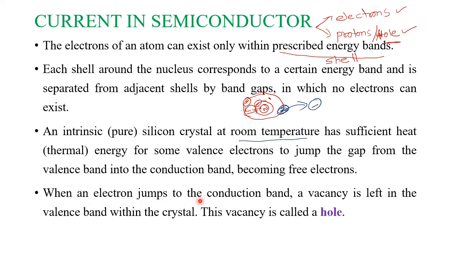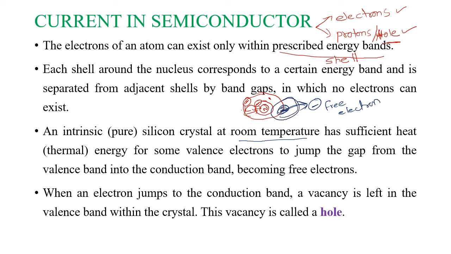When an electron jumps to the conduction band, a vacancy is left in the valence band within the crystal. This is called a hole. All right, so what happens here, there is an electron here and that electron gains some energy from the room temperature and comes out and becomes a free electron.